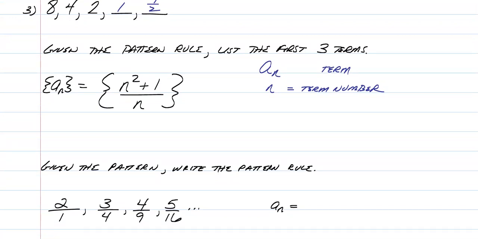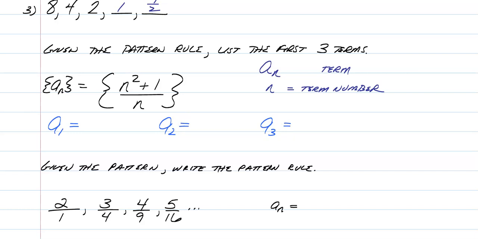So some more notation that you need to be aware of. A sub n is the actual term, and n represents the number of the term. So this says list the first 3 terms. That means a sub 1, the first term. A sub 2 would be your second term, and a sub 3 would be the third term.